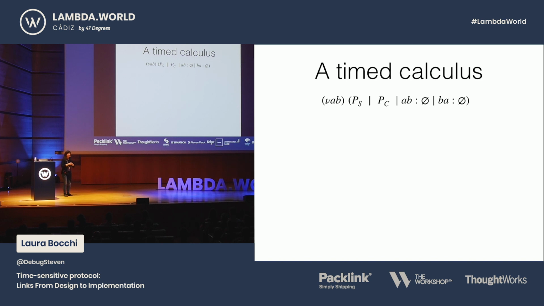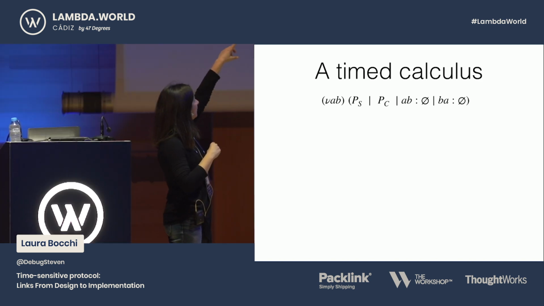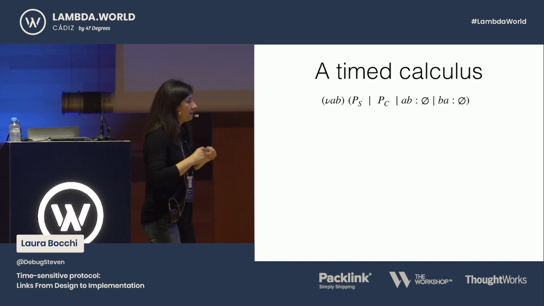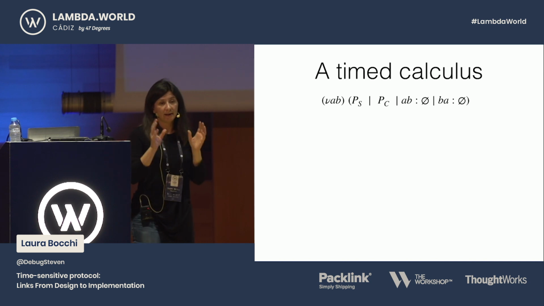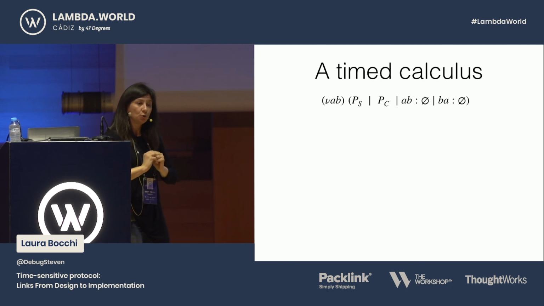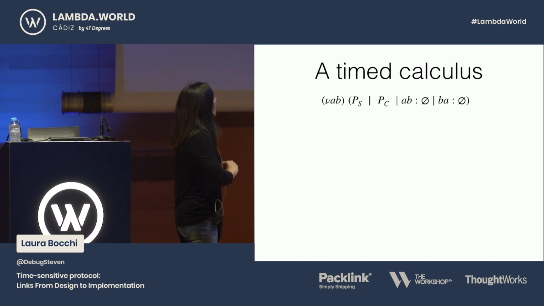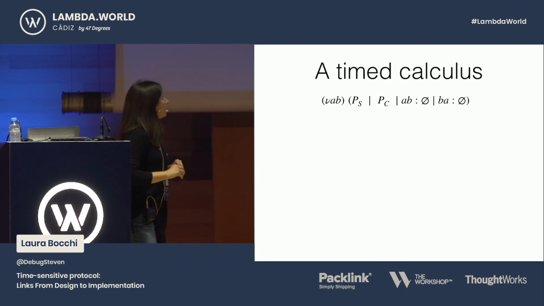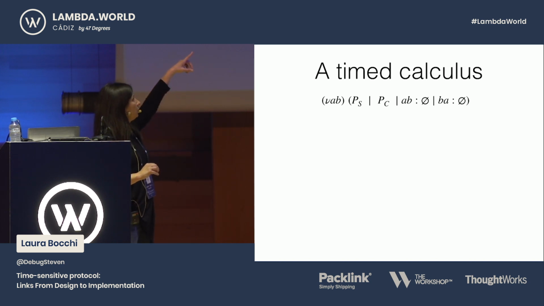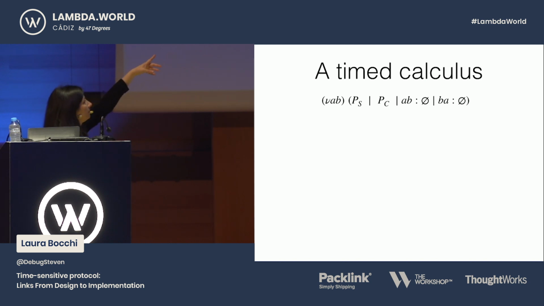The session is defined by this new a b. a and b are two channels that are private to the session. They are the two endpoints of a session between two participants, and the two participants are P_S and P_C. And then you have two queues, the queue from endpoint a to endpoint b, that is empty, and the queue from b to a that is empty at the moment, but you can then add messages, right?